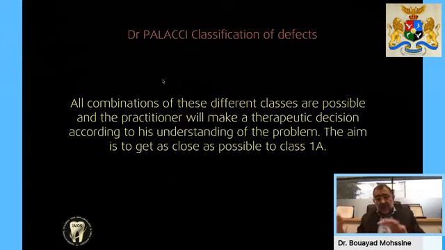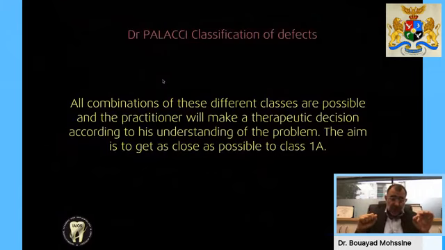All these combinations of different classes are possible, and the practitioner will make a therapeutic decision according to his understanding of the problem. The aim is to get as close as possible to a class 1A.